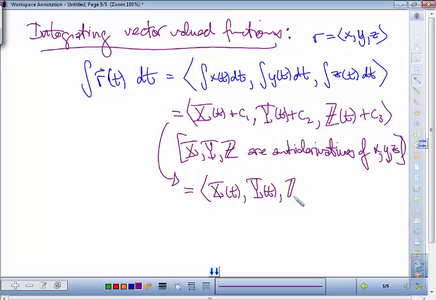But we can also take a look at it maybe I'll call it the vector c, where the vector c is equal to c1, c2, c3. So what I'm saying here is that the constant that comes out in each of those components can be written separately as a vector, and that might come in handy later on when we're working on stuff if we want to kind of shorthand our way to things.